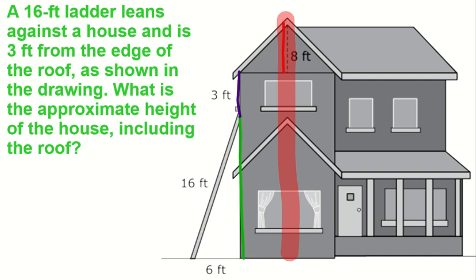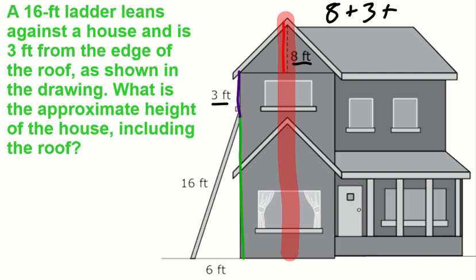All right, so we got 3 pieces we got to add. We got to get the green piece, purple, and red to get the total height for the roof. So the red and the purple already got numbers for them. So we're going to have 8 plus 3 plus whatever our green section is.